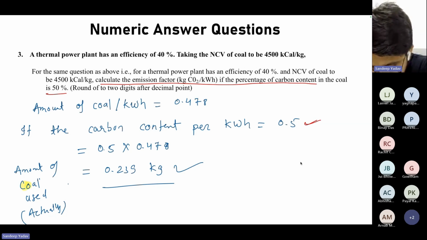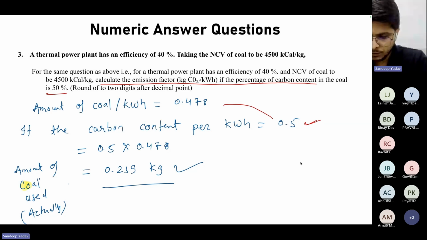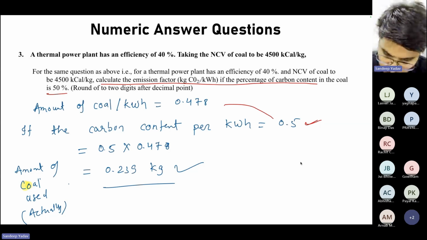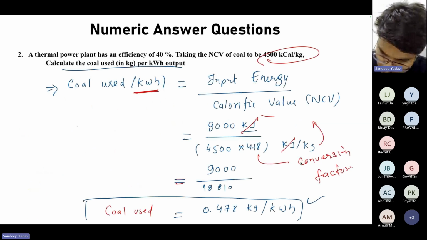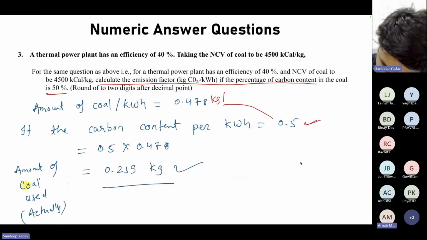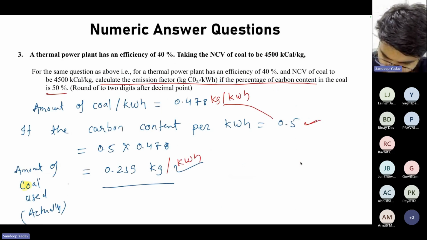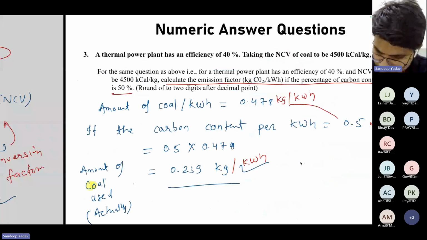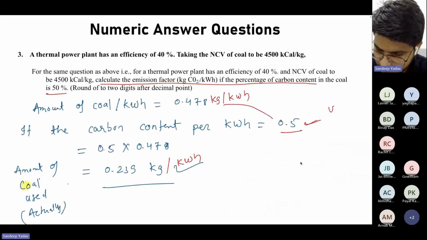So if you multiply this thing to this one, we'll still get coal being used per kilowatt hour, that's kg per kilowatt hour. So here also it will be kg per kilowatt hour, because this factor is unitless.